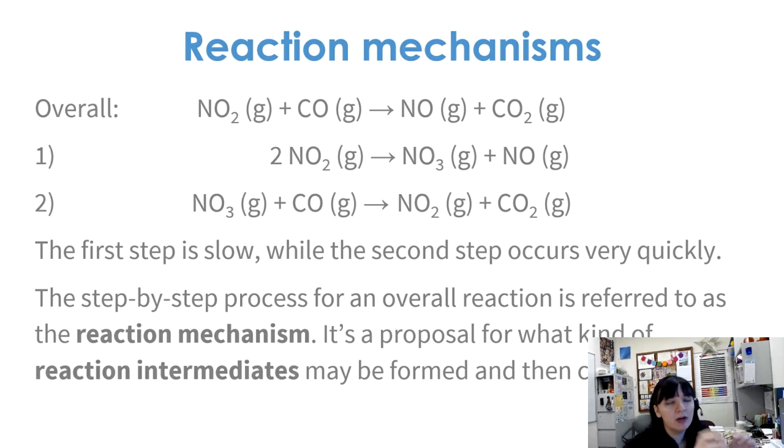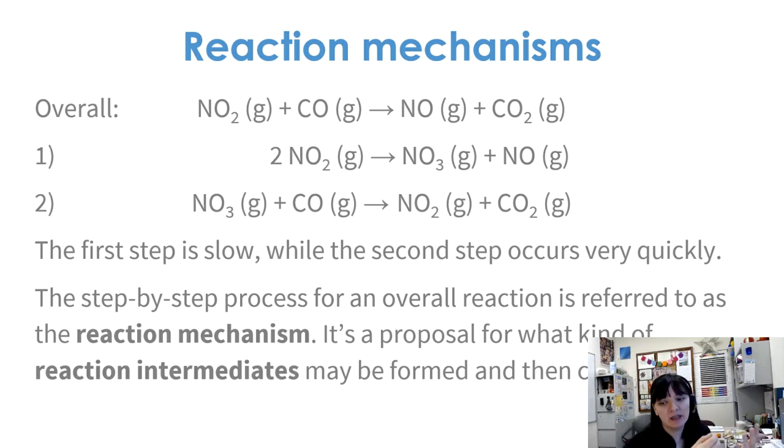It goes into very fine detail of what processes behind the scenes make our overall reaction happen. Now, when we have a reaction mechanism, we're often going to see these redundancies, things that appear both in the reactants and in the products.